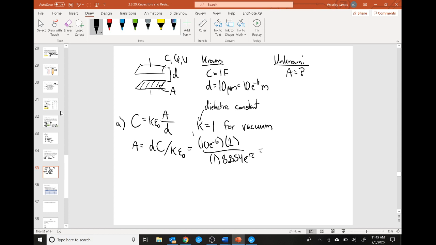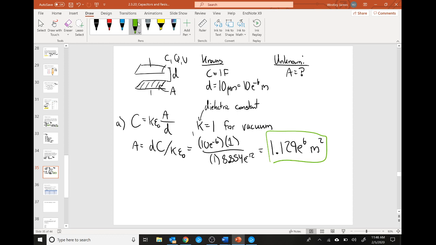All right. You get a real big area. You get 1.129 e to the 6 meters squared. And you may be like, that's really big. And you would be correct.